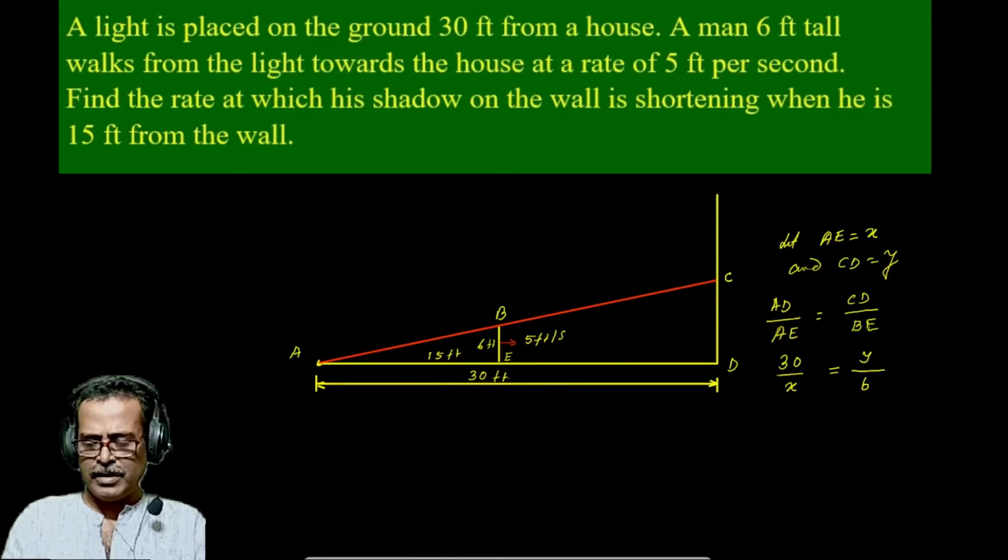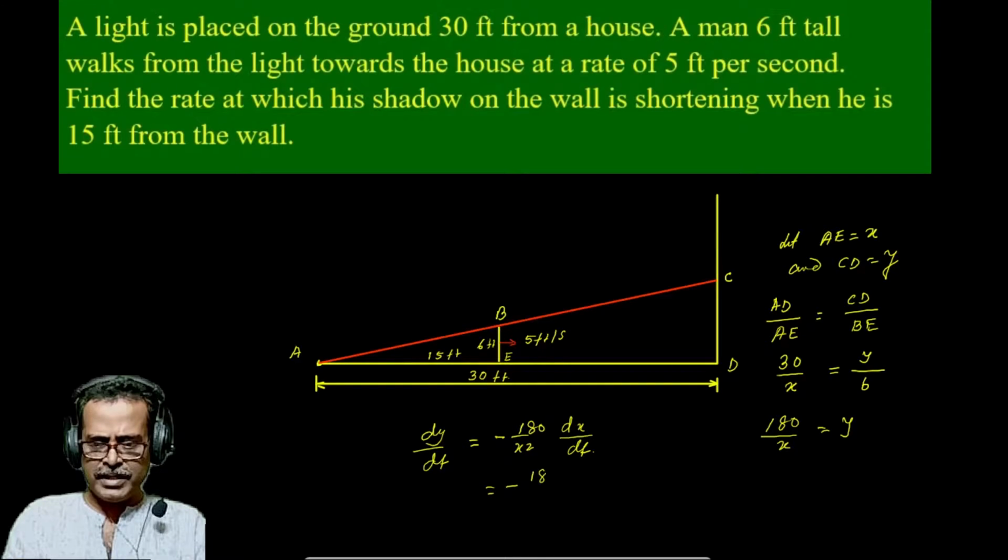Okay, 180 by X is equal to Y. So dy/dt is equal to minus 1 by x square into 180 dx/dt, is equal to minus 180 by x square, that is 15 square, into dx/dt, which is 5 feet per second.